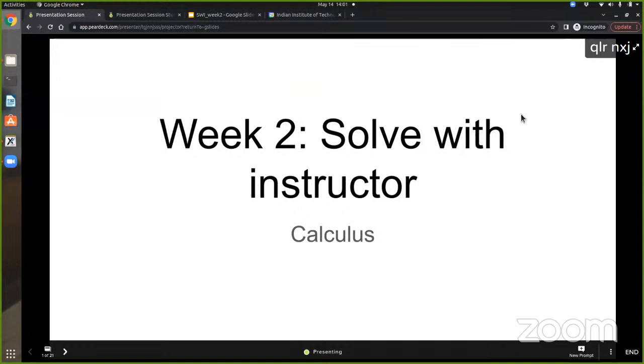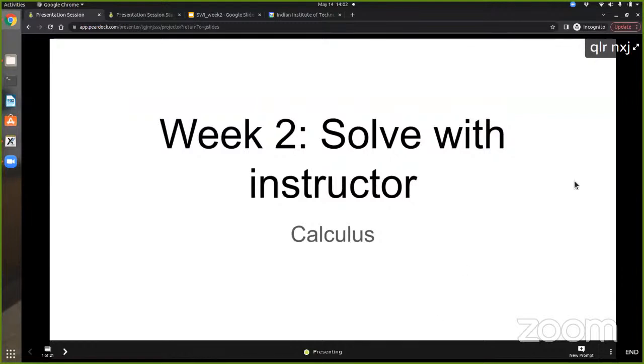Can I request you all to please open the peer deck session by opening joinpd.com. The code is written on the top right corner. I hope you can see that. 2LRNXJ.